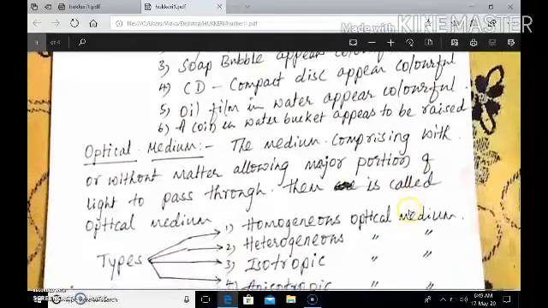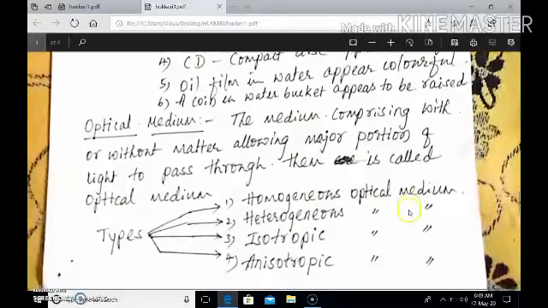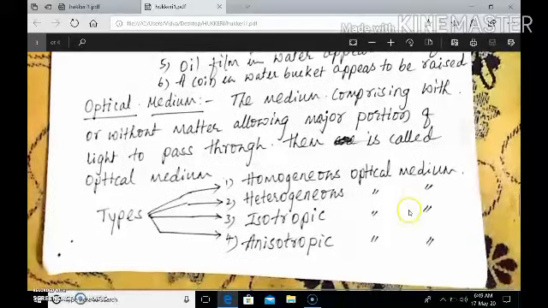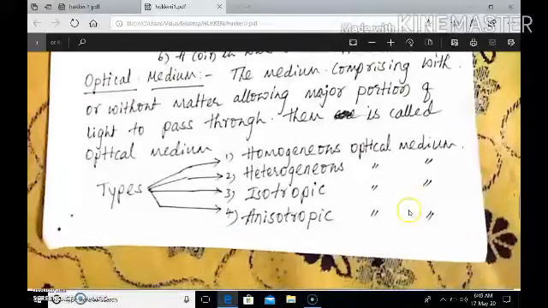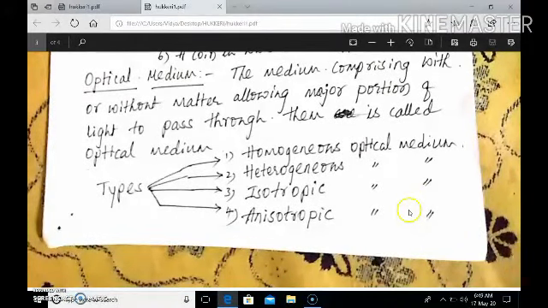Optical medium. The medium comprising with or without matter, allowing a major portion of light to pass through it, is called optical medium. The types of optical media are homogeneous optical medium, heterogeneous optical medium, isotropic optical medium, anisotropic optical medium.